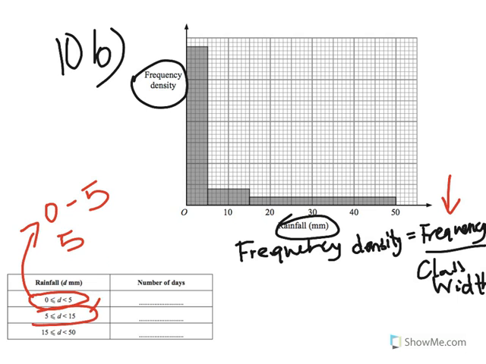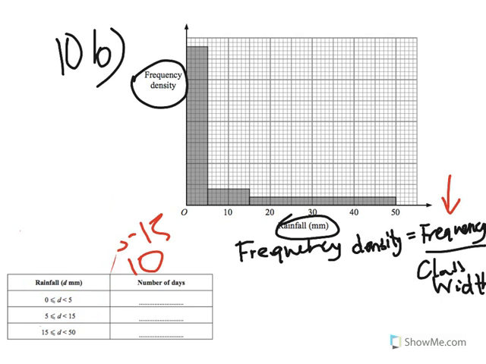The range of values here is from 5 to 15, so the class width here is 10. That's what class width is. It's just the range of values in which the thing lies, the rainfall or the changeable value.